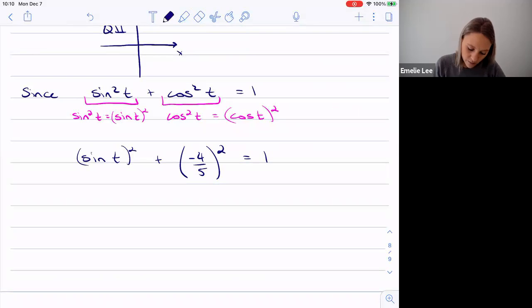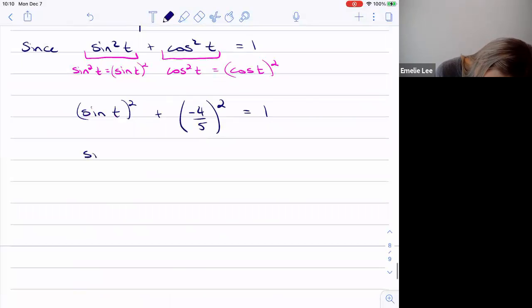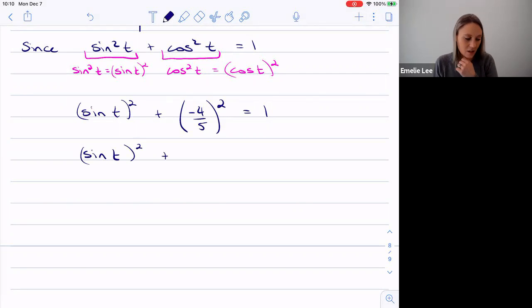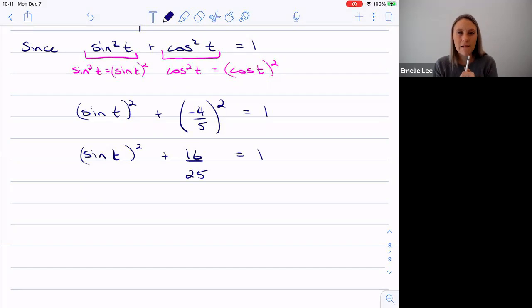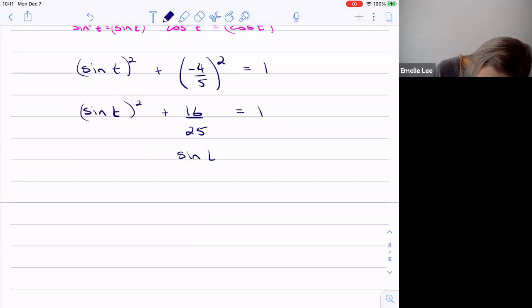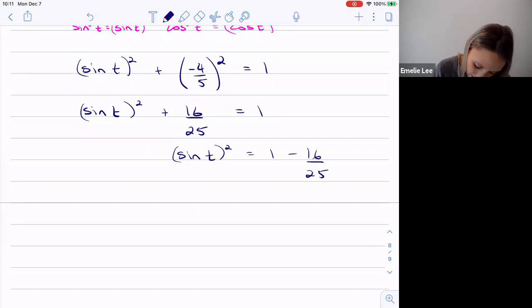Okay. So what I'm going to do is bring in this square. So I get sine t squared plus negative 4 squared is 16 over 25 is equal to 1. Okay. Solving for sine, I need to move the 16 over 25 over to the right-hand side by subtracting. And so I get sine t squared is 1 minus 16 over 25.